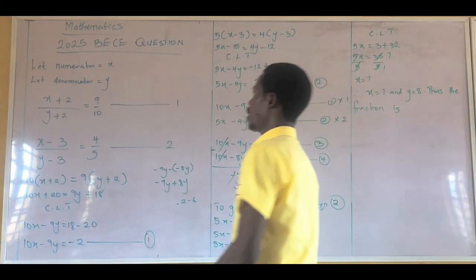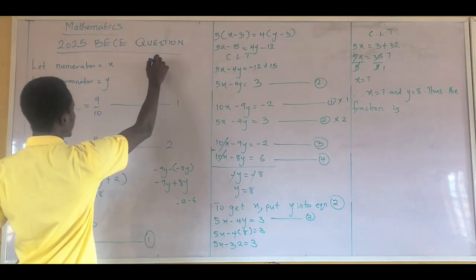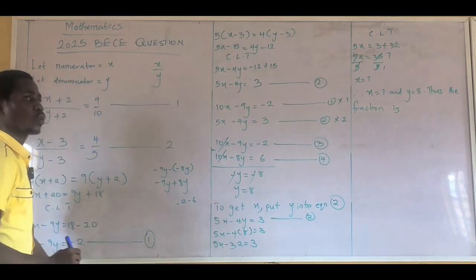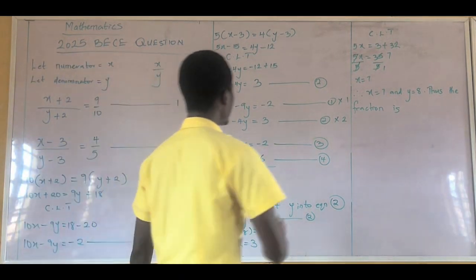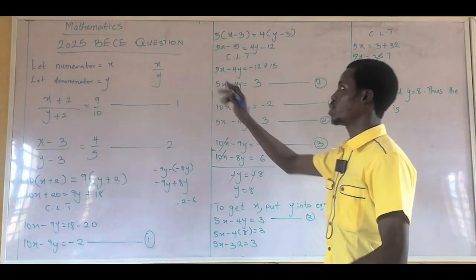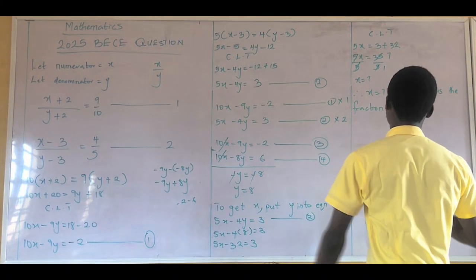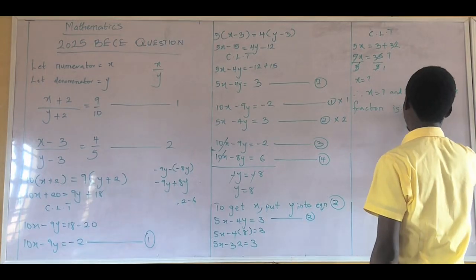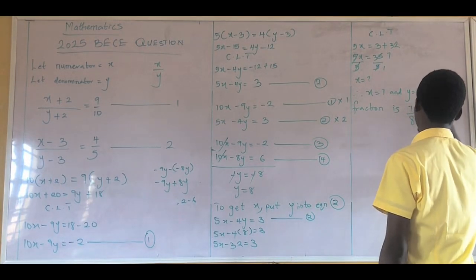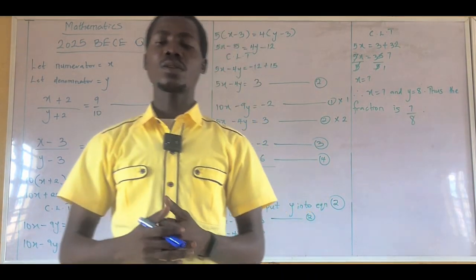The fraction initially, although we didn't state that, is assumed to be x over y, just like we have our numerator x and our denominator y. Then we'll say, using that, the fraction is x, which is 7, over 8, which is y. And that is the final answer for that particular question.